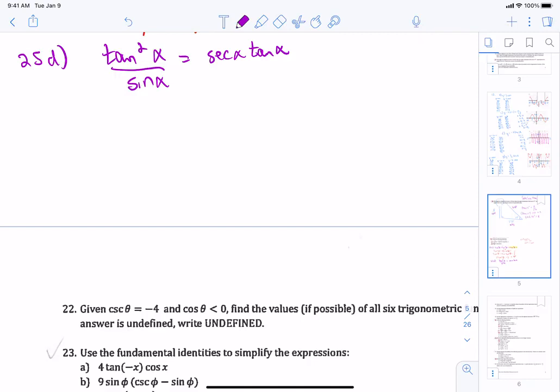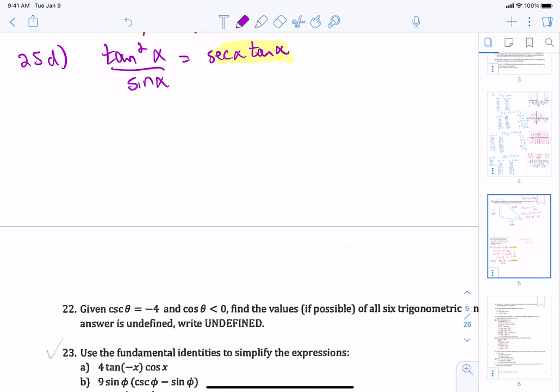It really is totally your decision. But I like fractions because it gives me something to mess with. So I'm going to hold this and try to get that fractional side to switch and become a secant and a tangent. Now you see how we need a tangent in the problem.